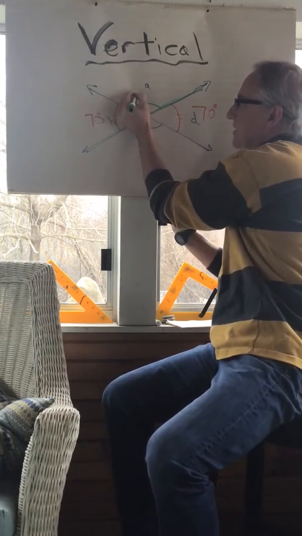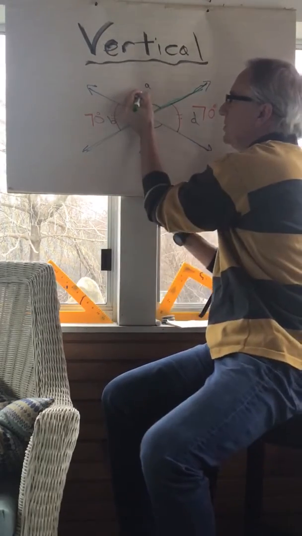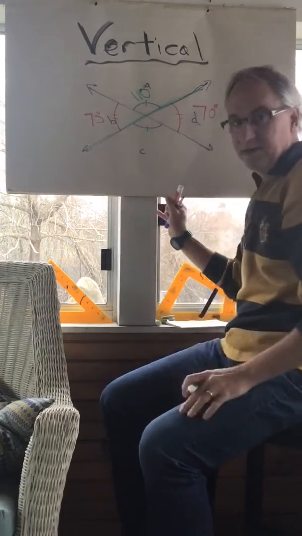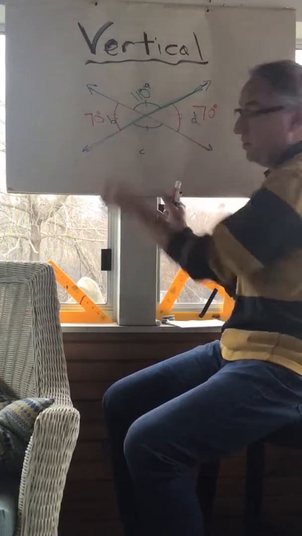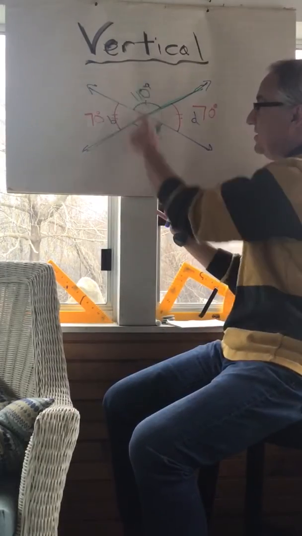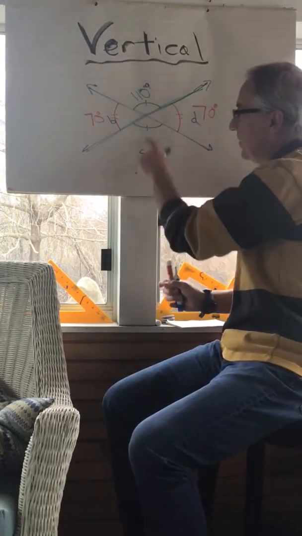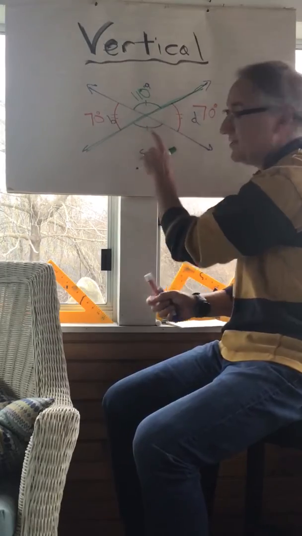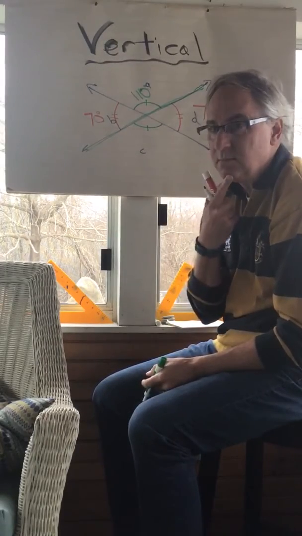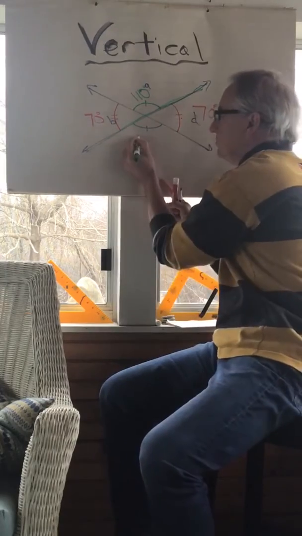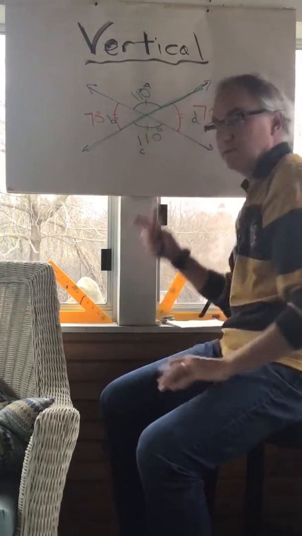Well, that means this angle has to equal 110 degrees, because these two angles are supplementary. These two angles are vertical. Now, if that's 110 degrees and these two angles are vertical and identical, then this angle must be, John, good, 110 degrees also.